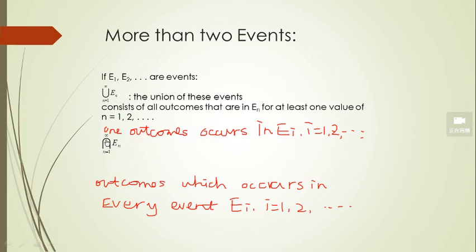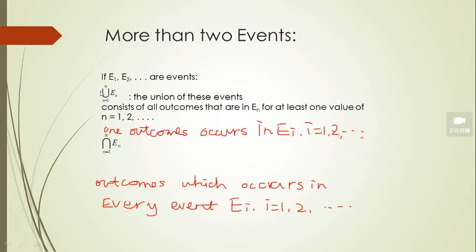And the next one is the intersection of infinitely many events, with index n starting from 1 to infinity. This one consists of the outcomes that are in every En, in every event. Then it comes in this intersection.